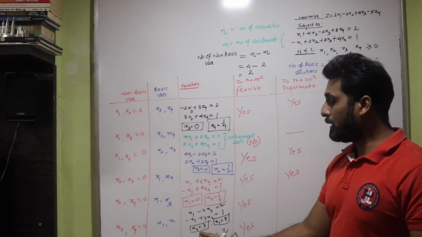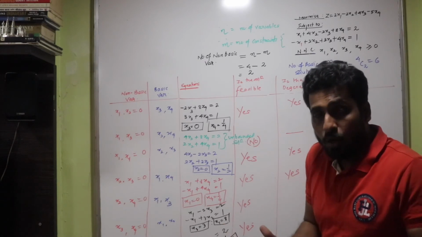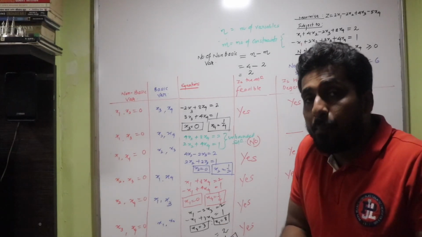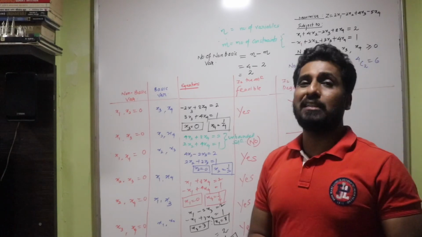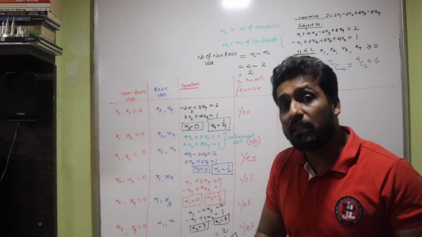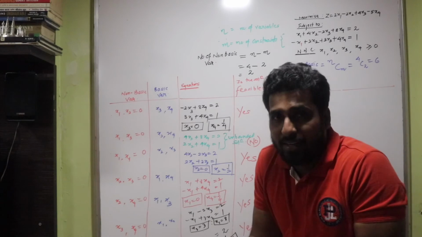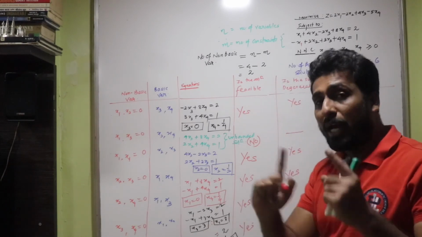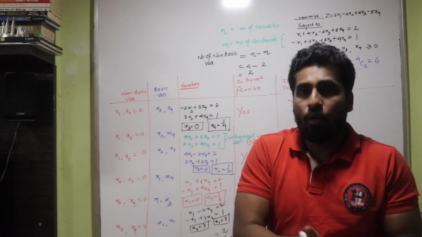Again here x3 and x1 are the values; are some of the values 0? The answer is no. The values are not coming 0 here. The basic variables did not give us the answer 0. Then this is a non-degenerate solution. Non-degenerate means non-zero values. I've got non-zero values. You can correlate: non-zero is non-degenerate, 0 is degenerate.